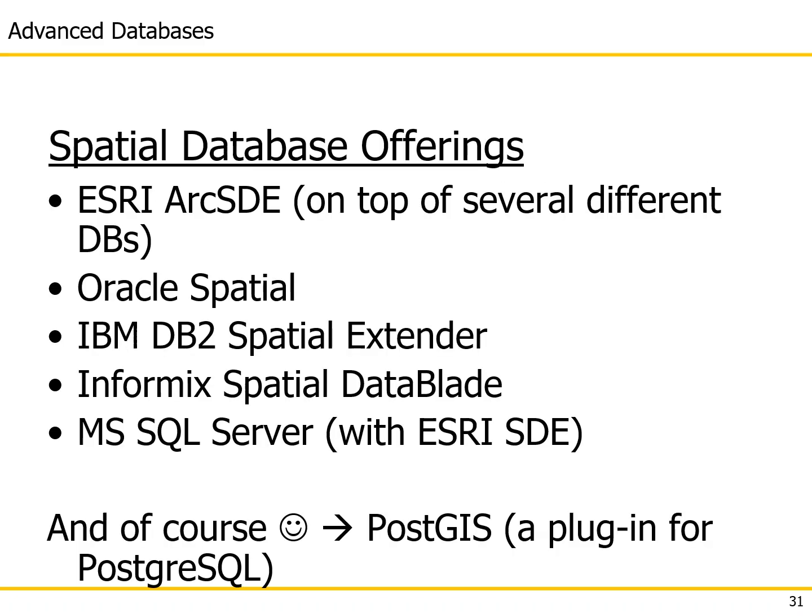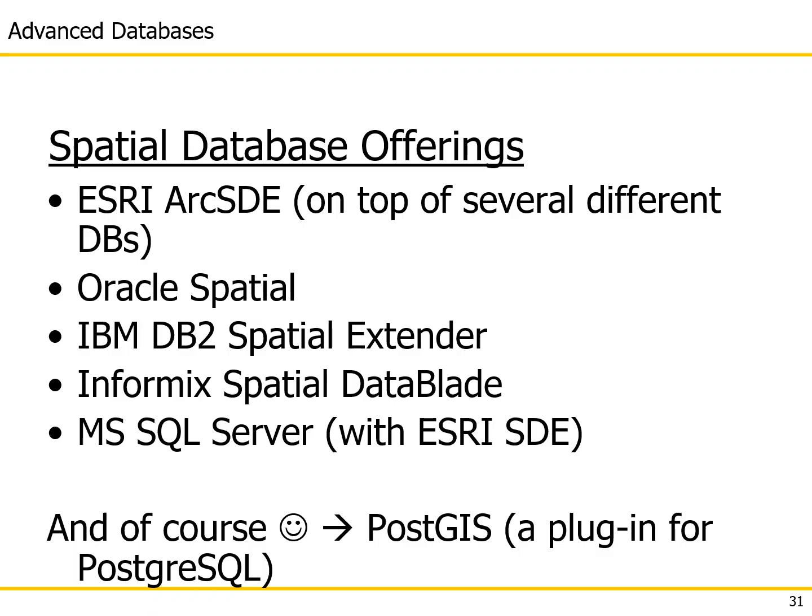Now we come to the spatial database offerings. What exists in the market to enable you to develop an application like Uber or Kareem? Okay? Now, historically, as I mentioned, we used to have separate GIS systems. These guys are now a legacy. Okay? They have been merged into databases.